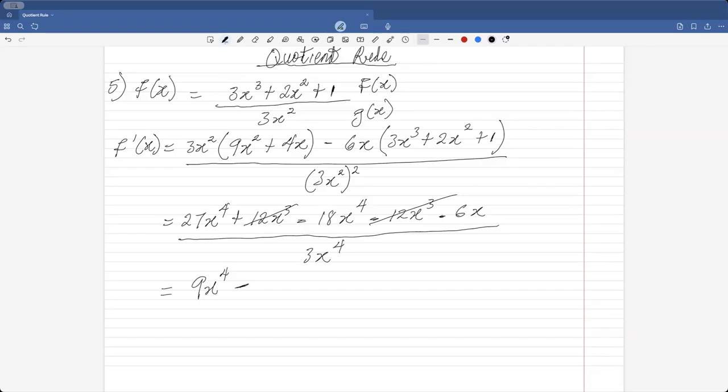Minus 6x all over 3x to the power of 4. Now, is this our final answer? Of course not. We can either divide through or we factorize.